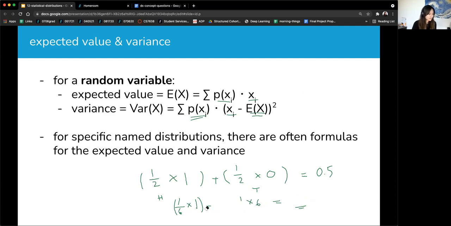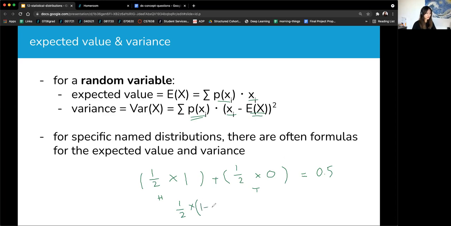Let me just erase this for now. So let's use the coin toss example. We found the expected value here, the expected value is 0.5. Let's work out this formula real quick. Here we have the sum of the probability of the outcome multiplied by the value itself minus expected value, squared.